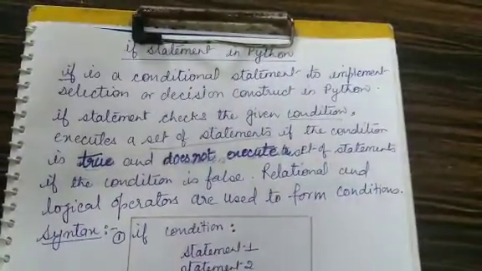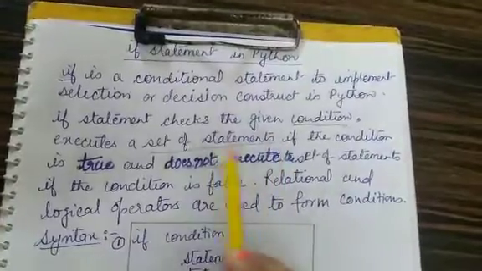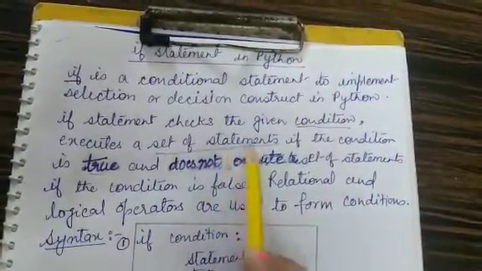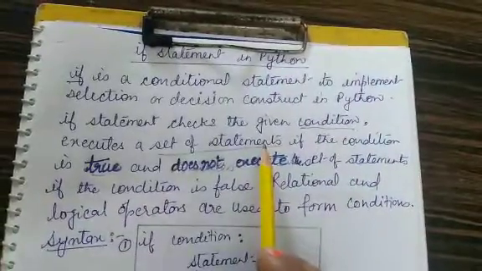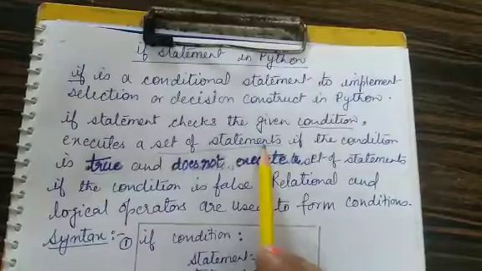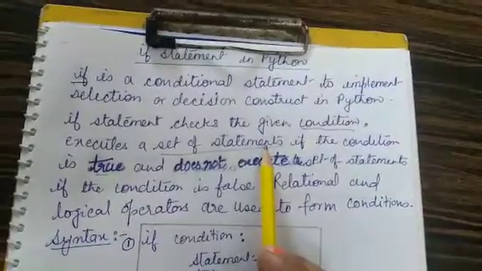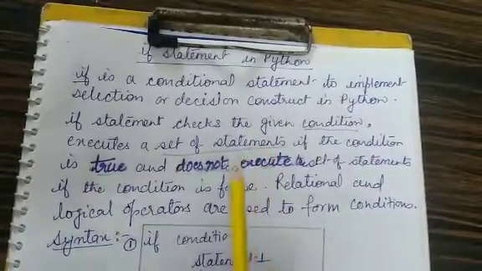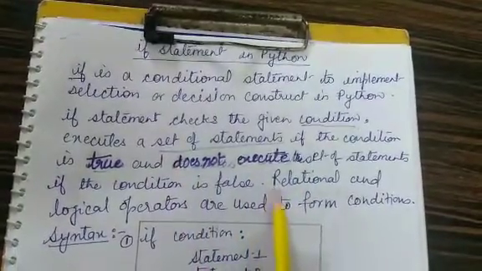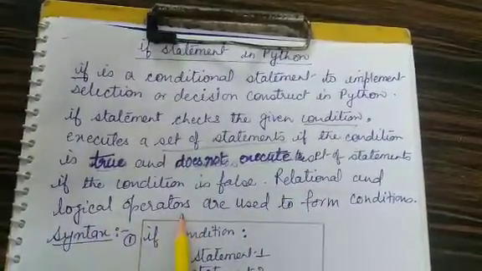We give the condition with the if part, then after if we write those statements with indentation, because in Python indentation is an important part which decides which block of statements is part of the given header. While framing the condition, you have to use relational operators or logical operators.